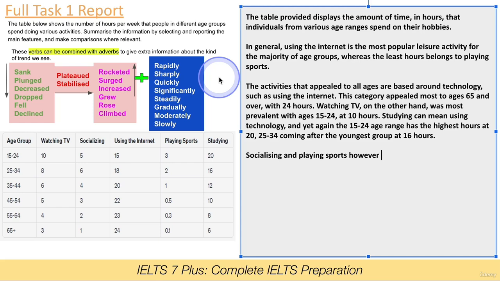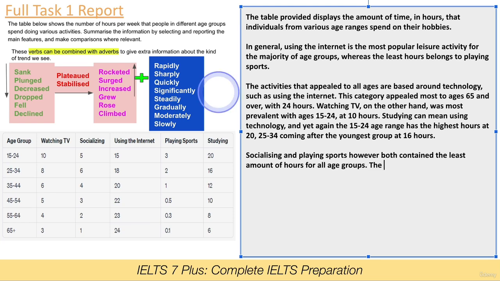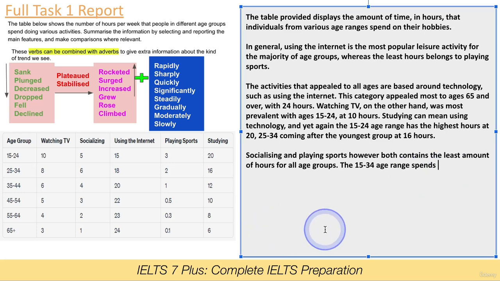However, both contained the least amount of hours for all age groups.